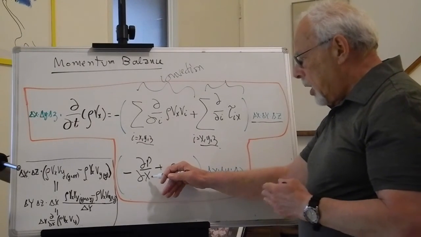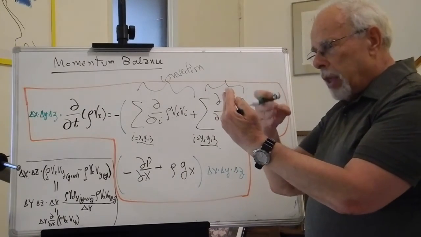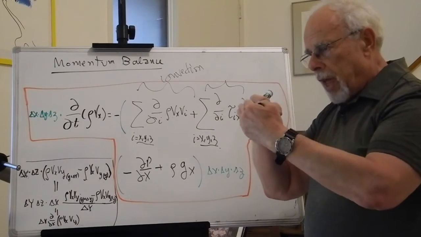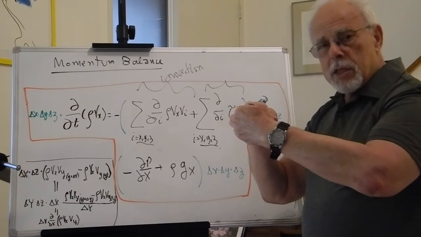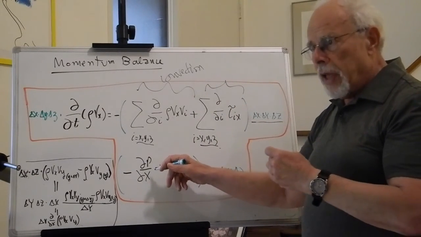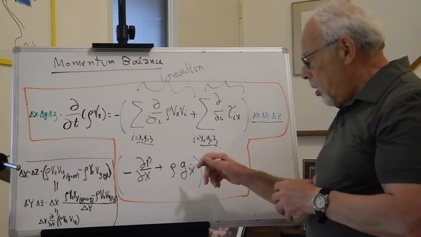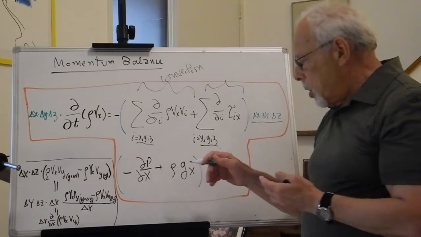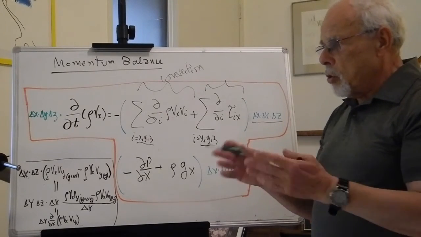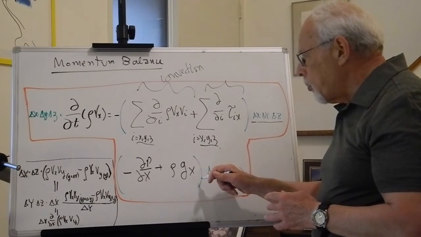The forces are the change of pressure between one imaginary wall at x, and the pressure at x plus delta x. That is the net pressure felt on this volume, plus the volume force, which in this case we only account for gravity, which is always there. We assume that no electromagnetic force is applied, so that's the equation.